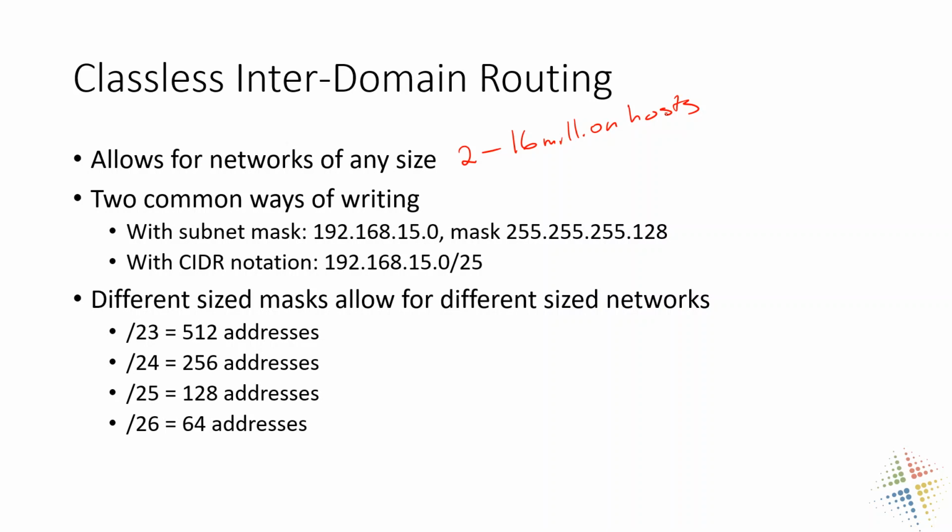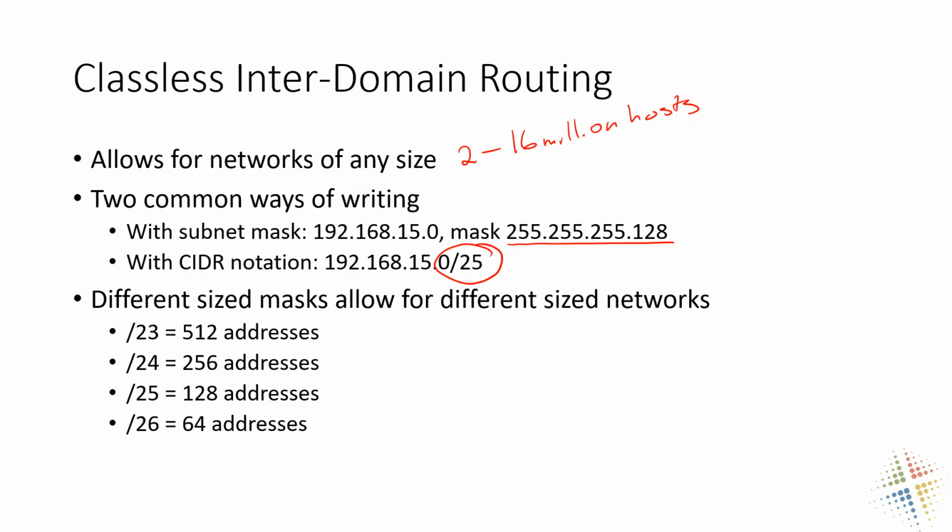And there's two different ways that we can write this. For instance, if we have the address 192.168.15.0, we can then give it a mask, 255.255.255.128. That's going to be a new one to you. Or with a CIDR notation, 192.168.15.0/25.